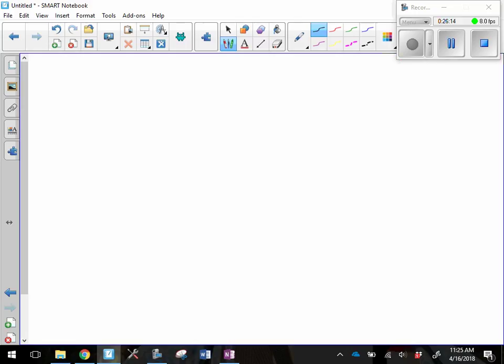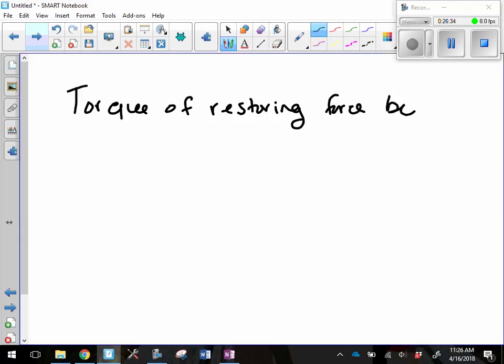So we've got that restoring force, right? And so what would the torque of the restoring force be around the pivot point?